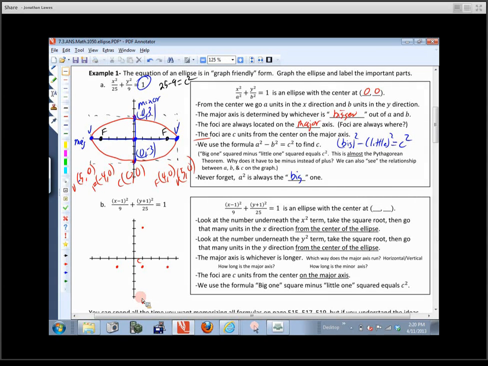What's different about this one? Yep, same shape, it's just been rotated 90 degrees. It's got a vertical major axis rather than a horizontal major axis. So if I draw what this one looks like.